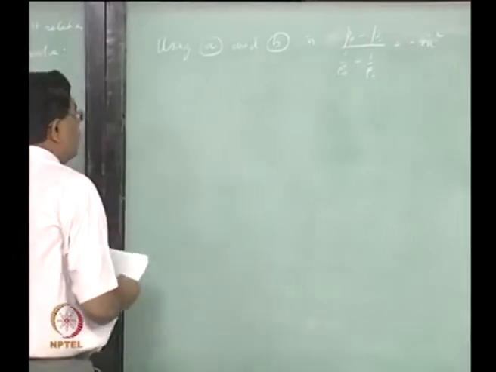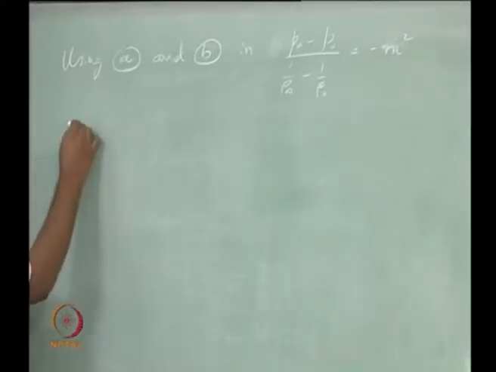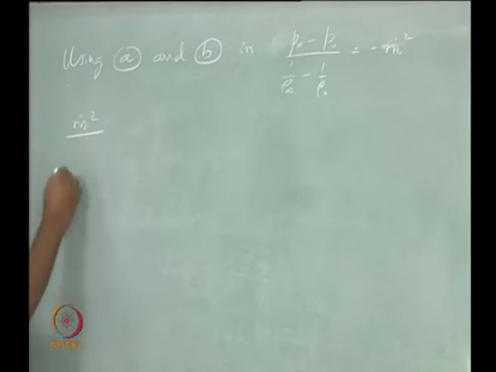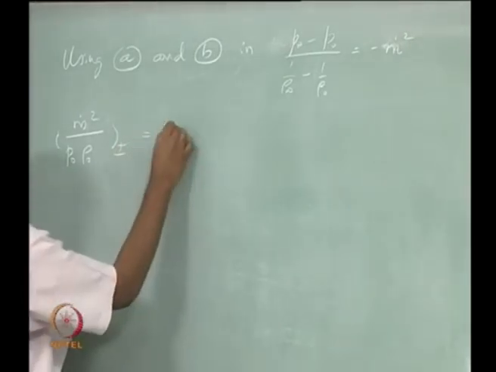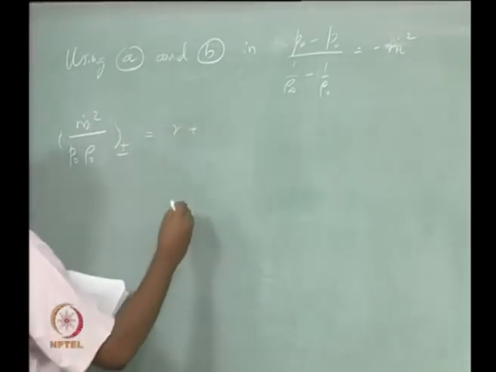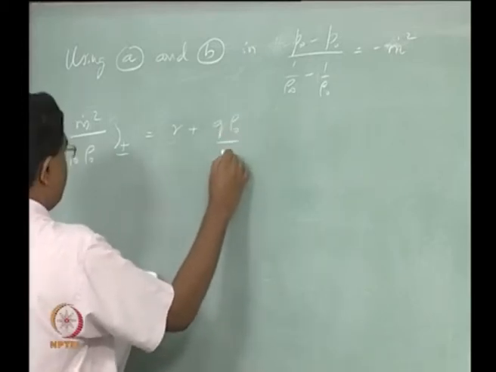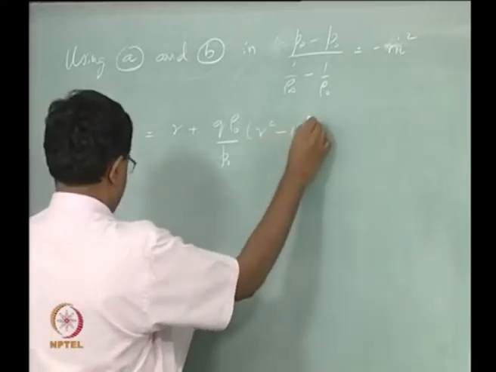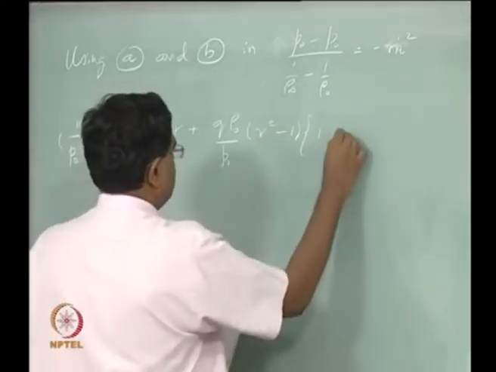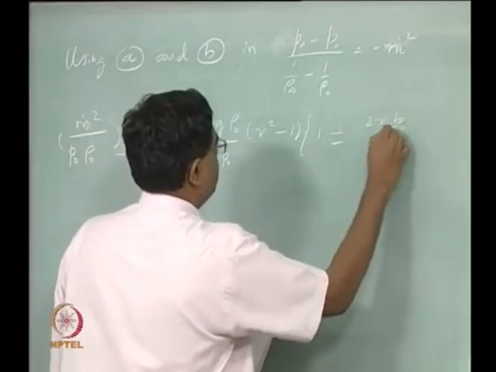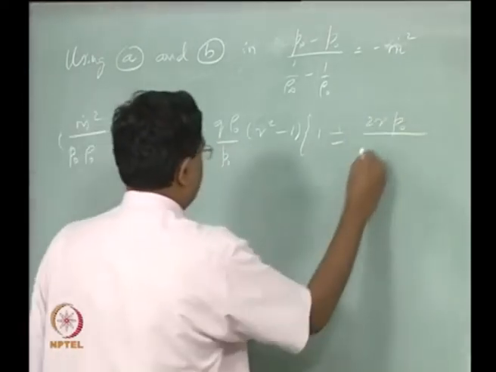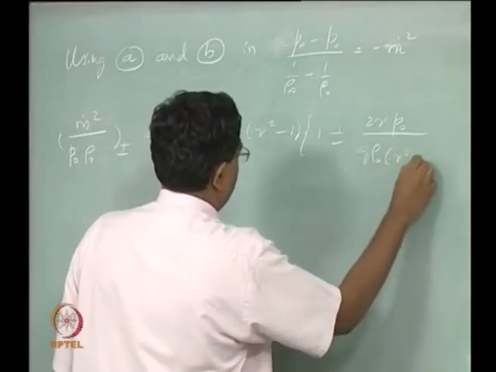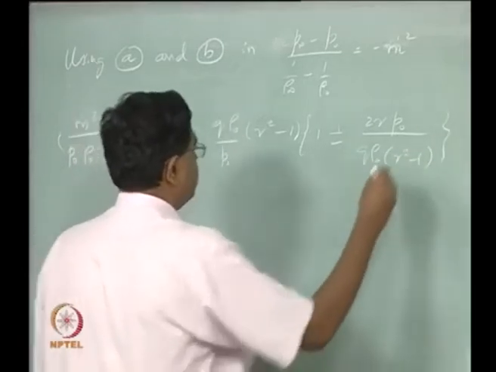Right, we can now get our m dot squared divided by P naught rho naught plus or minus equal to gamma plus q rho naught divided by P naught times gamma squared minus 1 times 1 plus or minus 2 gamma P naught divided by q rho naught times gamma squared minus 1, the whole to the half.